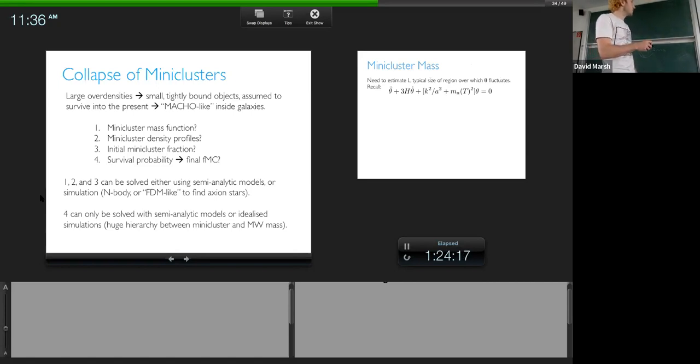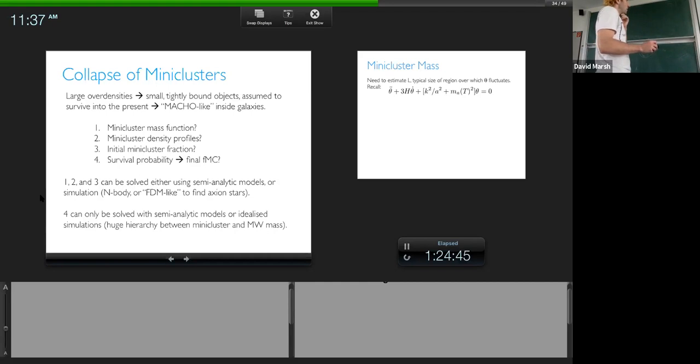We can use n-body simulations in the same situations as we can for fuzzy dark matter that Jens talked about, or we can do full FDM-like simulations inside this and look for the equivalent effects, like axion stars and cores inside mini clusters, say what happens to the wave-like effects. And 1, 2, and 3 are both amenable to these different approaches.